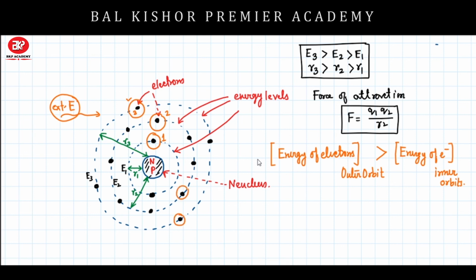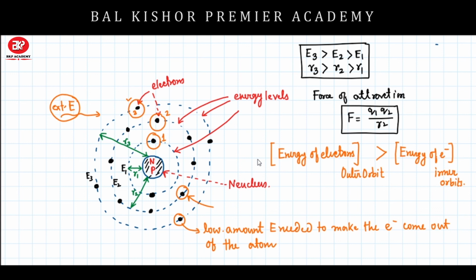To make the outer electron come out of the atom, I need a low amount of energy.